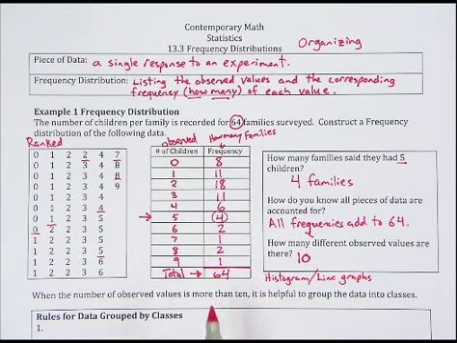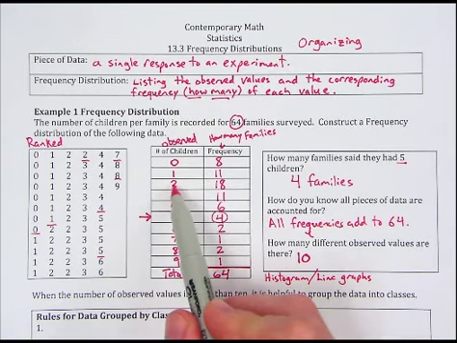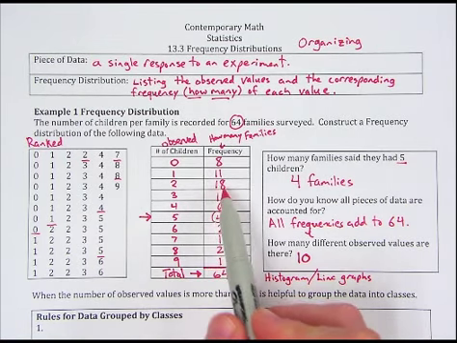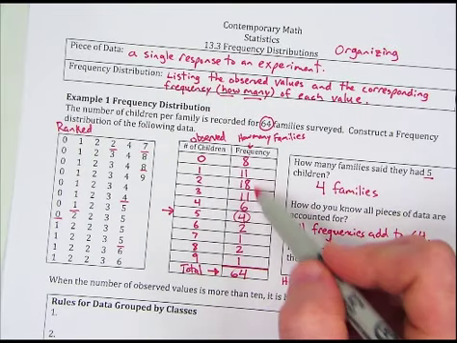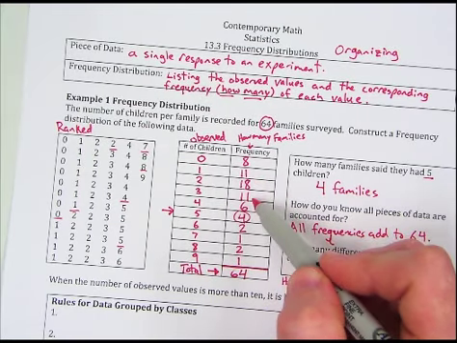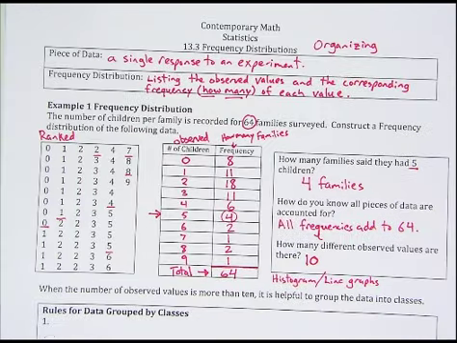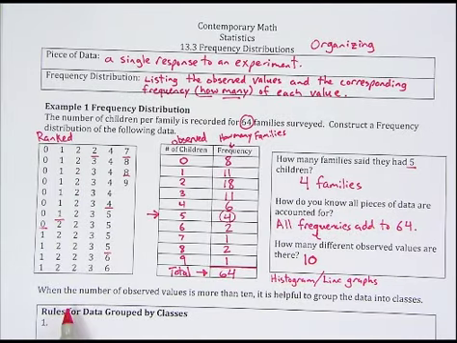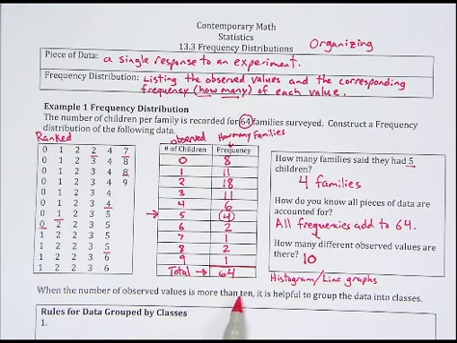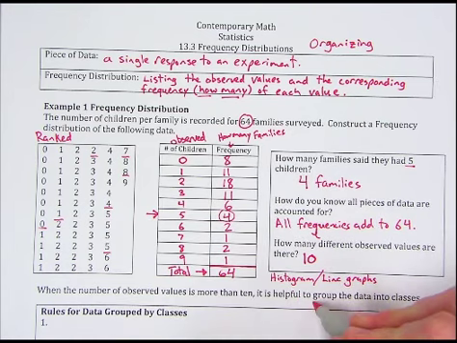So in looking at this, you can see the highest frequency was right there at 2 children per family, and then it was also surrounded by 1 and 3, and so this is pretty much what I would expect from this type of question. As the number of observed values increases, when it gets more than 10, it's often helpful to start grouping the data into classes.